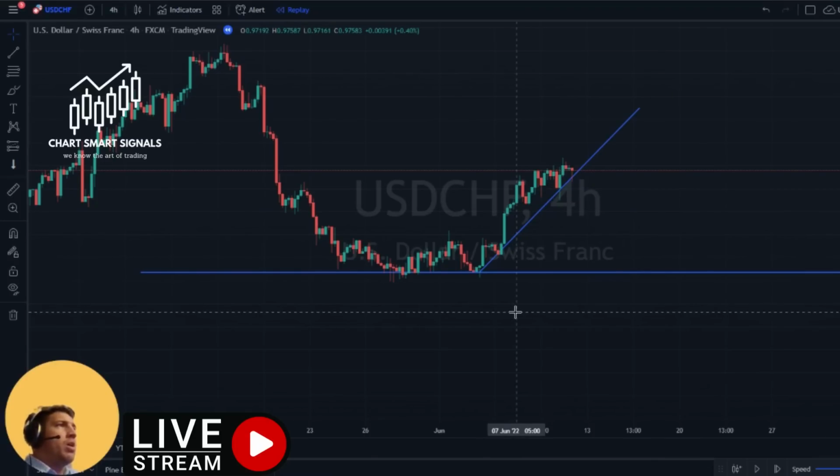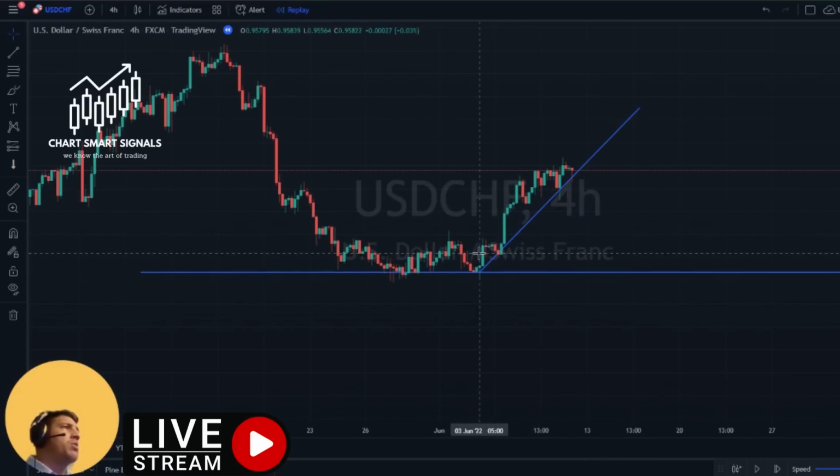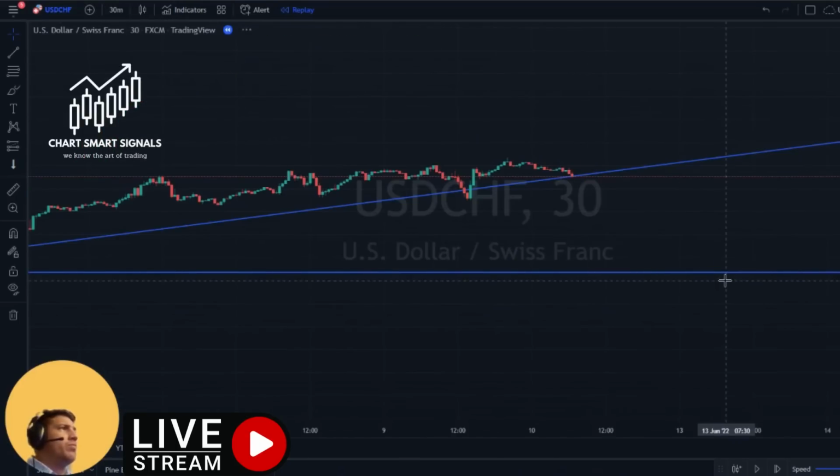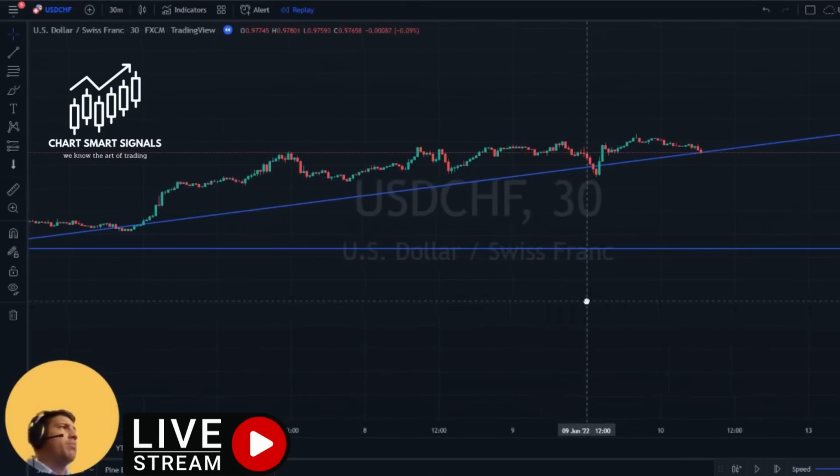So something like this over here, where there would be an incision, where it would be a meeting of the one support line and another, or the intersection, you'll see usually a massive or volatile move from that point onwards. But let's get into the smaller time frame.